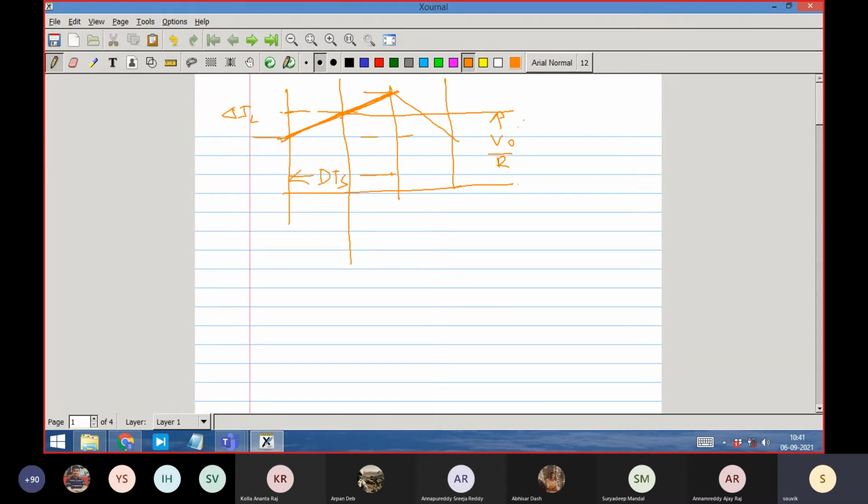So if you do a triangle similarity, delta IL is reached in dTs, so delta IL by 2 must be reached in dTs by 2, isn't it? So if I call this time T1, that time must be equal to dTs by 2.